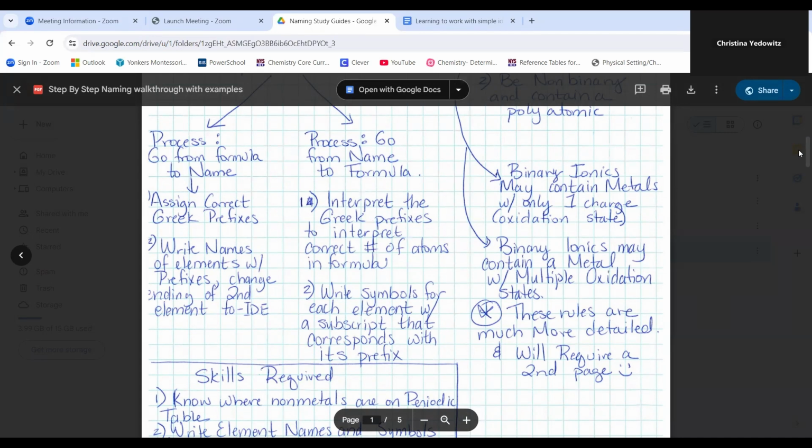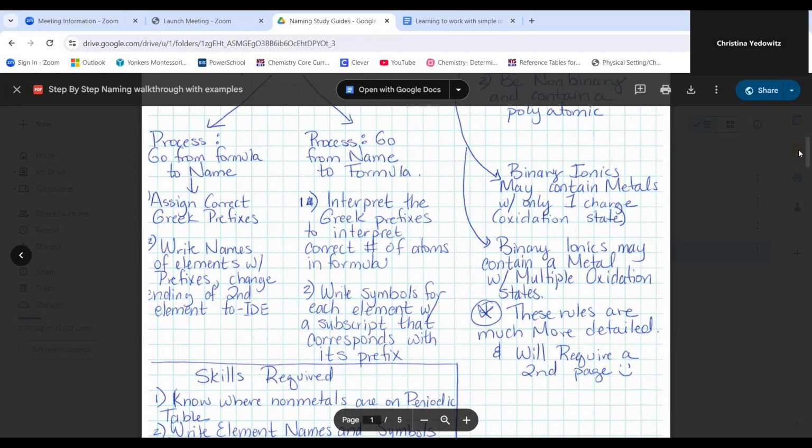There's a lot more detail, and I tend to break this up into pieces. It may not make it easier, but I tend to first start with binary ionic compounds that contain simple metals. Then we go to binary ionic compounds that contain metals that have what are known as multiple oxidation states.